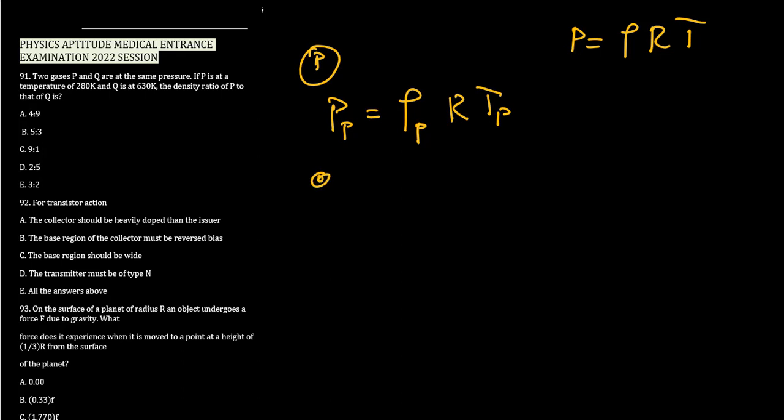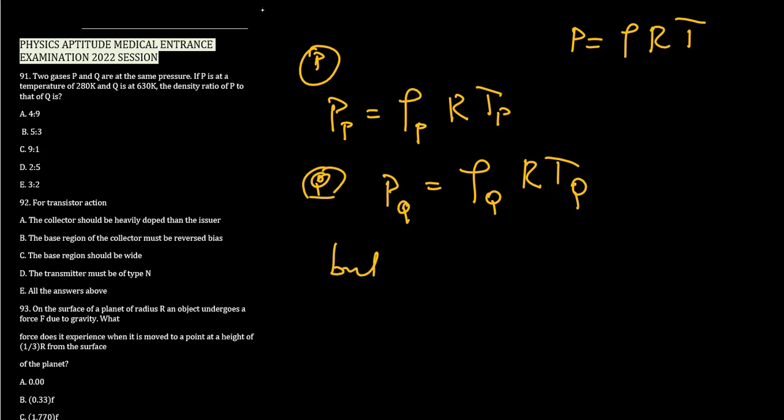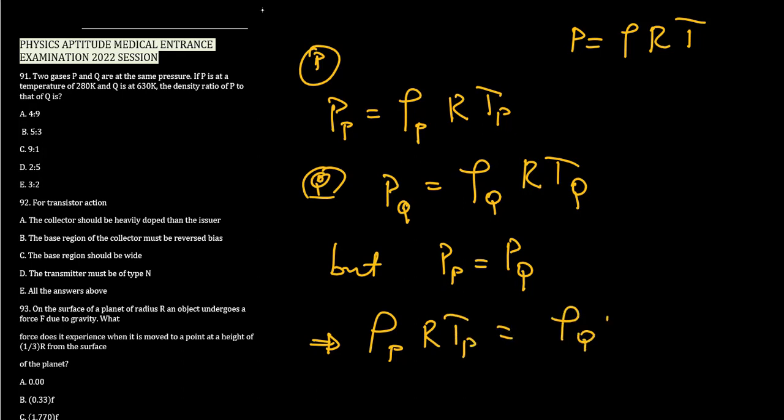Now for Q, the pressure of Q will be equal to rho of Q times R times T of Q. But the pressures are the same. So it means P_P is equal to P_Q. And so we get rho P times R T_P will be equal to rho Q times R T_Q.